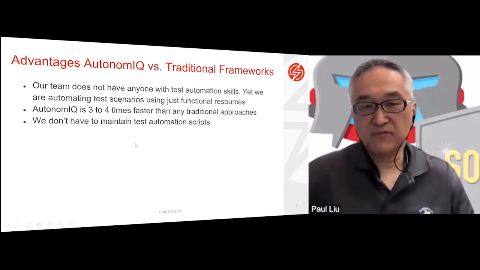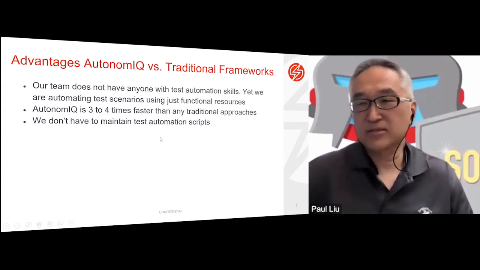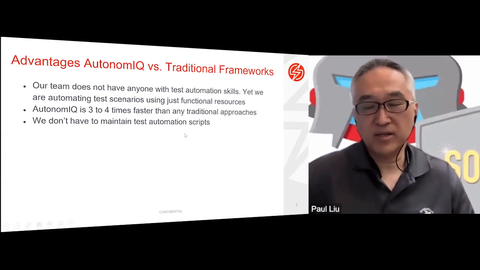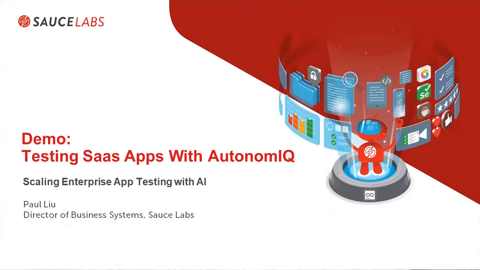If we switch from one test environment to another test environment, it's probably just a login and password change. It could be just as simple as that. So we really benefit a lot from using AutonomIQ as our testing tool. And the tester loved the tool, and we certainly want to use it for all our future projects, and make it more automated. Thank you, Paul.